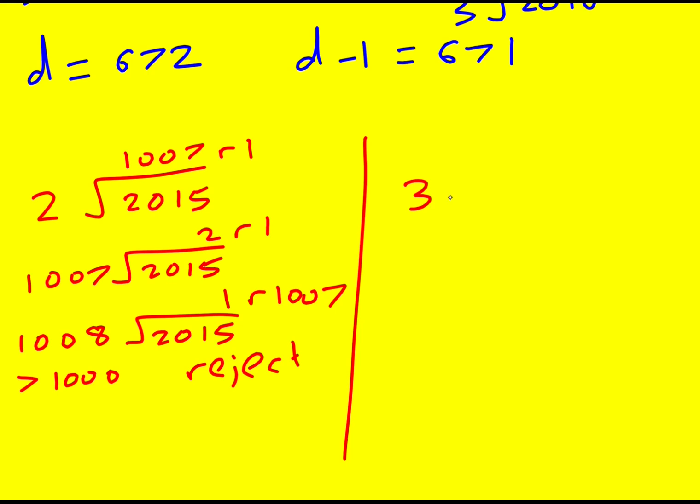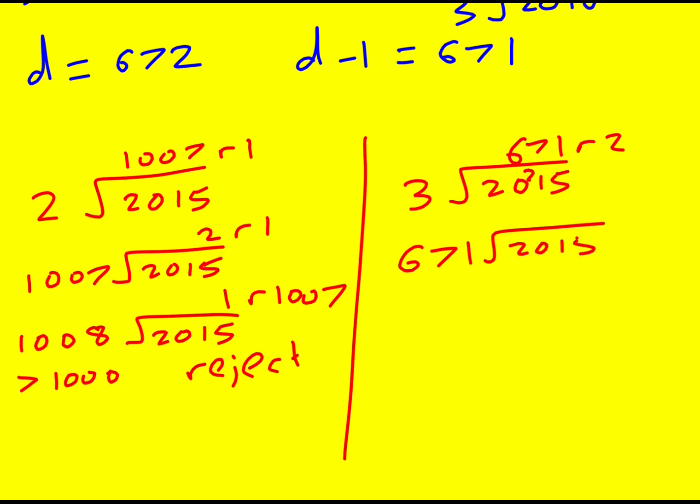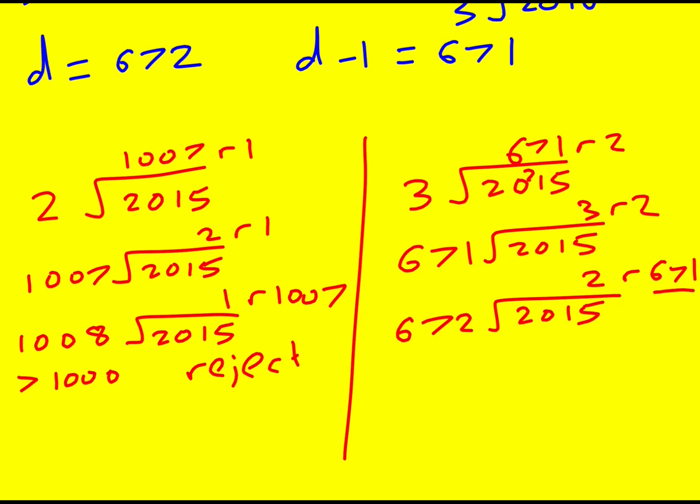So what about if I do 3 into 2015? I'm going to get 671, remainder 2, which means that 671 into 2015 is going to give me 3, remainder 2. So again, if I increase that by 1, to 672, now I want an extra 3 essentially. I'm not going to be able to get it. I'm going to be left with a quotient of 2 and then a remainder of 671. And this is okay. This number is less than 1000, and I've managed to get a remainder of 671.